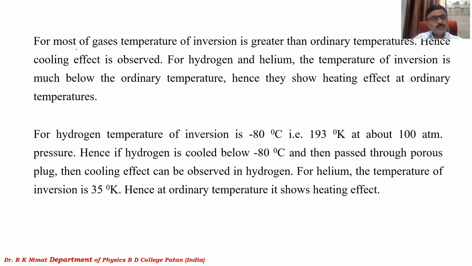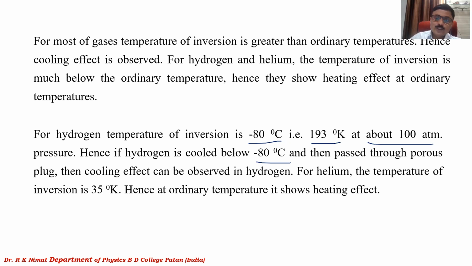But for the hydrogen, temperature of inversion is minus 80 degree centigrade, that is 193 degree Kelvin, at about 100 atmosphere pressure. If this hydrogen is cooled below minus 80 degree centigrade or 193 degree Kelvin, and if it is passed through the porous plug, then it will show the cooling effect. Means hydrogen can also show the cooling effect, but its temperature should be reduced to minus 80 degree centigrade or 193 degree Kelvin.